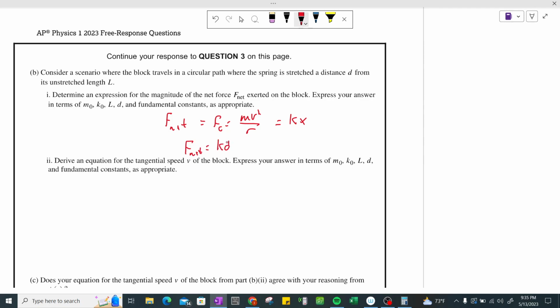I don't really know how much extra we're going to need on this. Because if I know the spring constant, my k, and I know my distance, that's really all I need to find the net force because everything else is kind of integrated inside that.